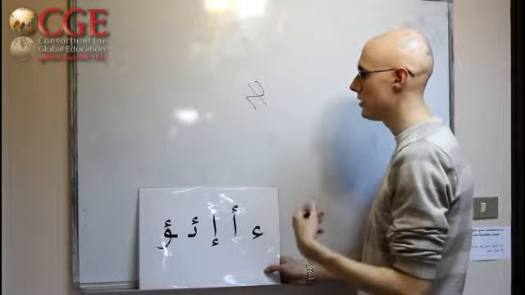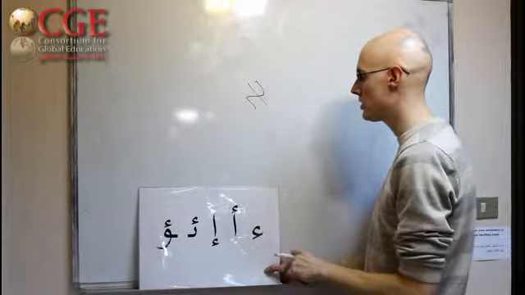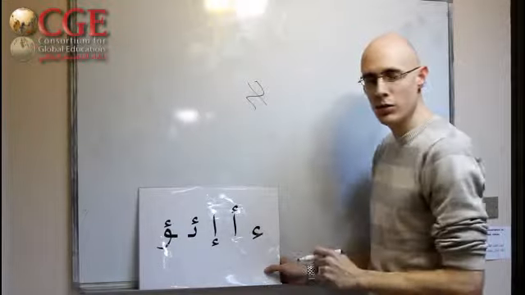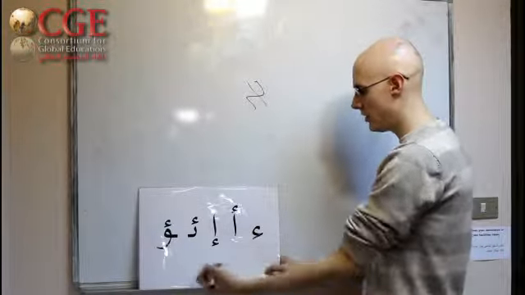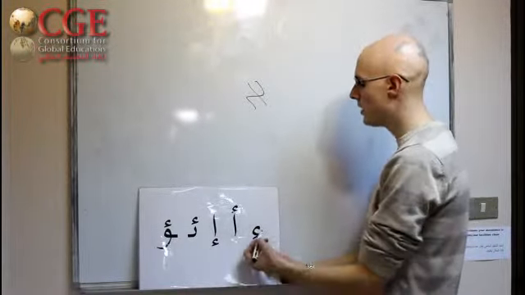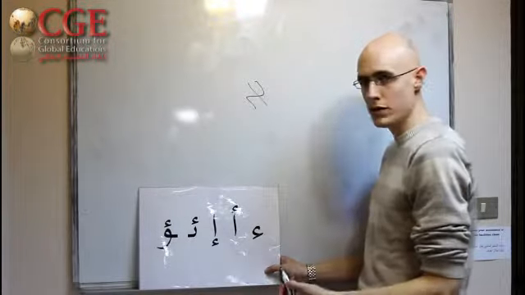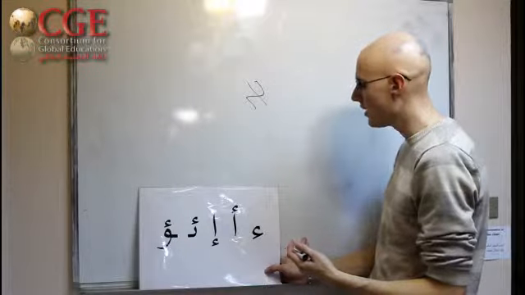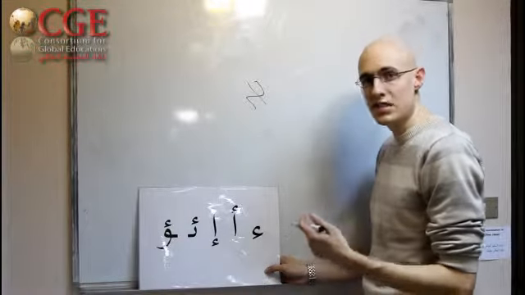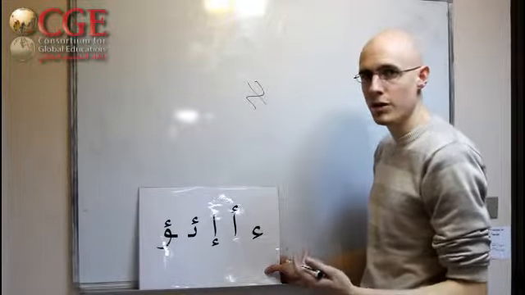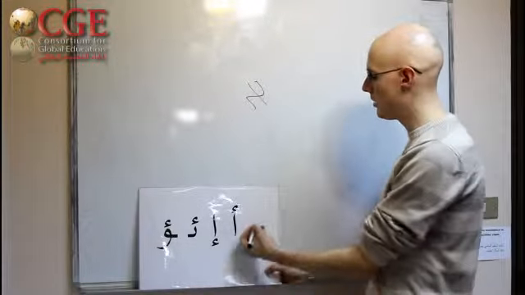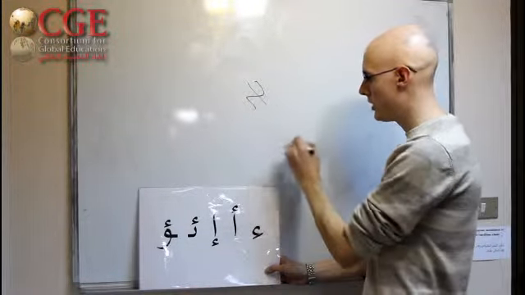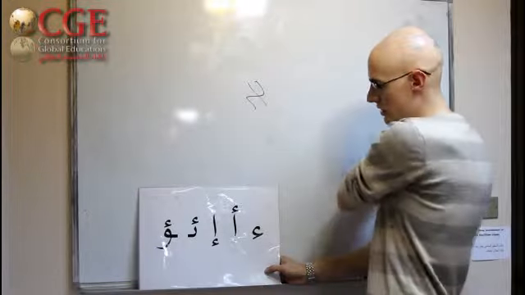So in order to distinguish between a long A and a glottal stop, they added this other symbol called a hamza, and it occurs in various forms shown here. The first one is a big hamza, usually comes at the end of a word, like wuzara, that means ministers, like ministers in the government. Wuzara, you have that glottal stop which would occur at the end, not connected to anything.